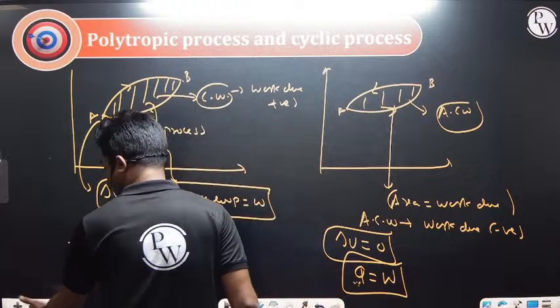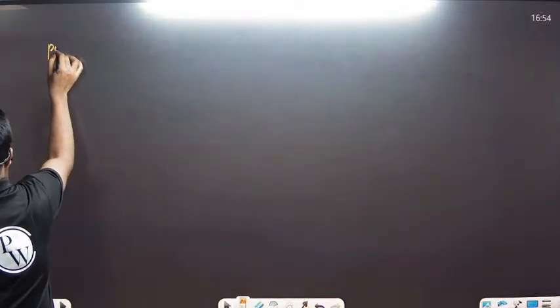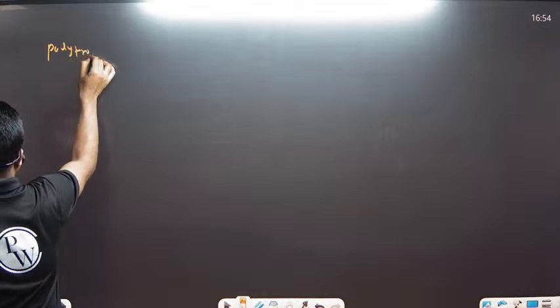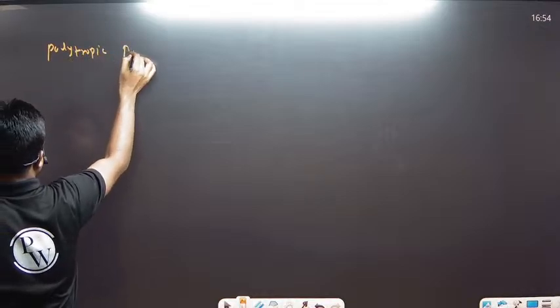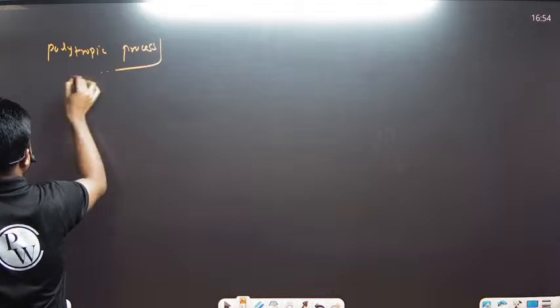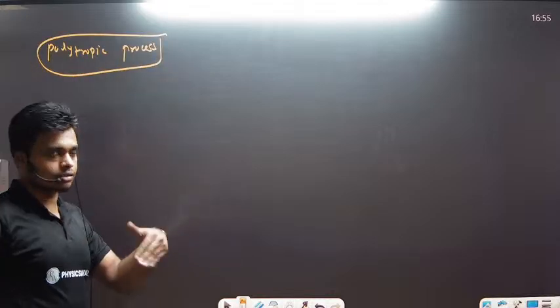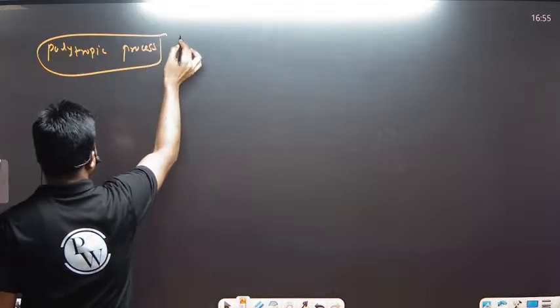And what is a polytropic process? In general, any slow process in which the system is always in equilibrium is defined as a polytropic process.